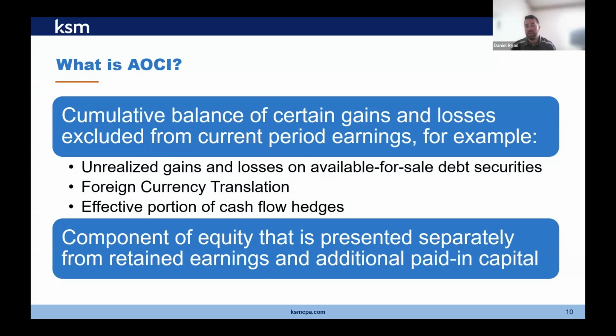So to start with, what is AOCI? What is this thing in general? GAAP has basically carved out certain specialized items whose gains and losses will be reported exclusively within the statements of income and equity, off on their own. You can think of AOCI as almost a retained earnings of sorts for these special items, and they get reported out separately.